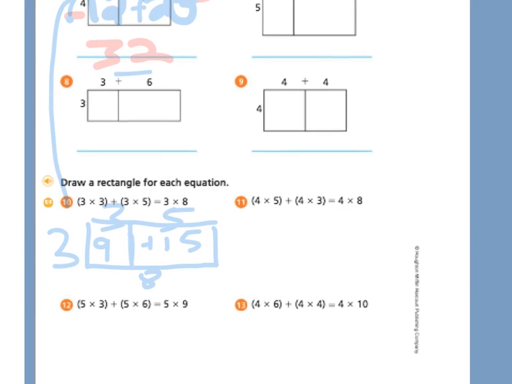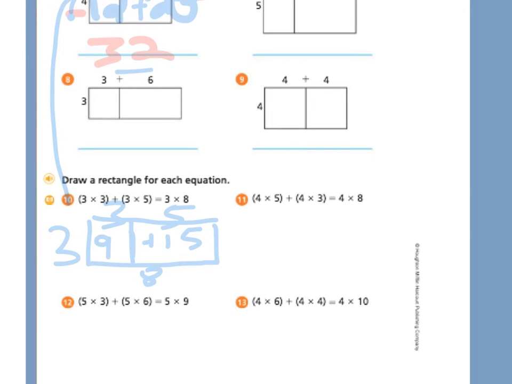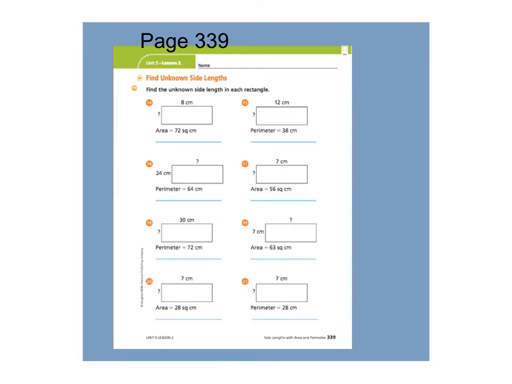So a little bit trickier. So this one I would do 4, because my 4 is consistent. And then I have a 5 and a 3, which is an 8. So a 4 by 8, a 4 by 5, and a 4 by 3 for my rectangles. Change it into a 6. Sorry.